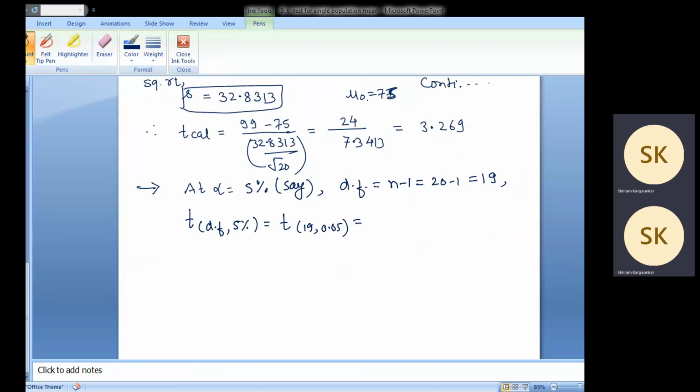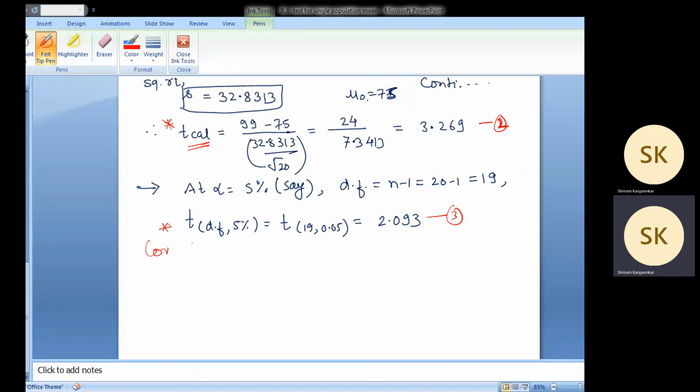So the table value, you can easily get it from the table. For 19 degrees of freedom and 5% level of significance, the value is 2.093. Okay. So now you have to compare both the values. This is the calculated value, and this is the critical value or table value.